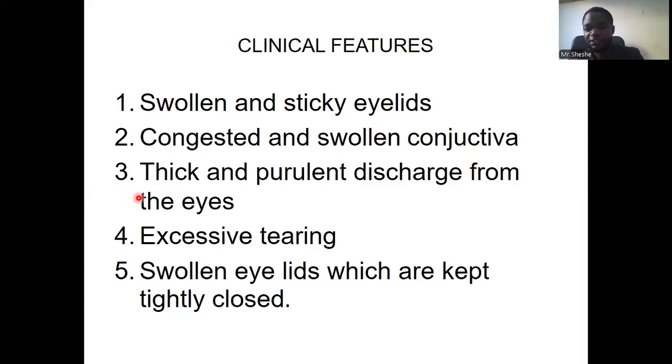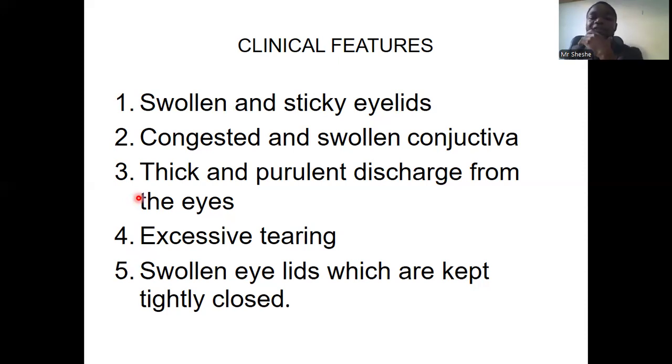Pus formation is because of the dead products and the activity of immune cells, mainly phagocytes. So pus is because of the plasma, plasma proteins, plus dead cells and microorganisms. Then you see other signs: swollen eyes, painful eyes, photosensitivity.